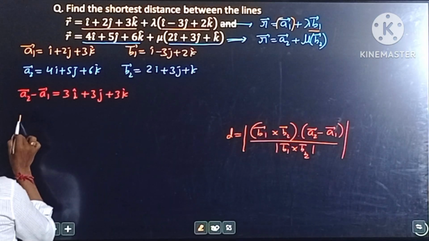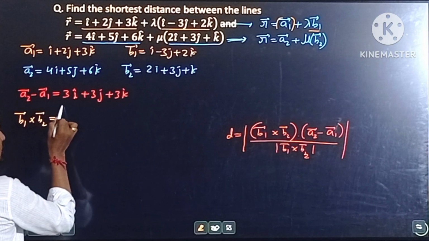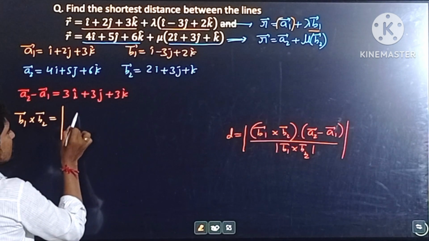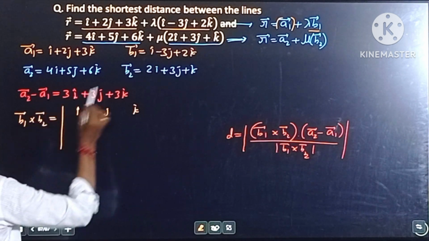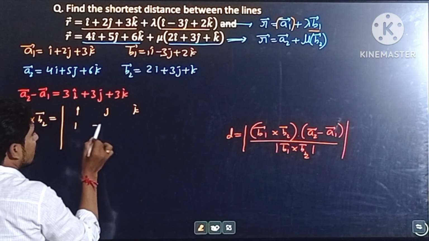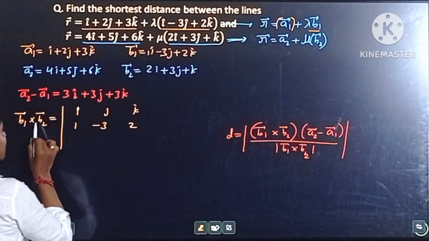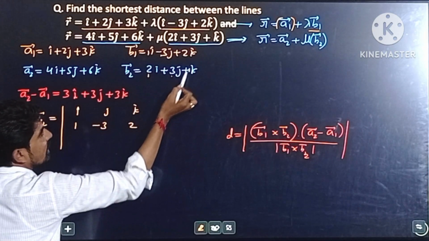Now b1 vector cross b2 vector is the determinant with the first row the unit vectors i, j, k, the second row the coefficients of i, j, k in b1 vector: 1, minus 3, 2, and the third row the coefficients in b2 vector: 2, 3, 1.